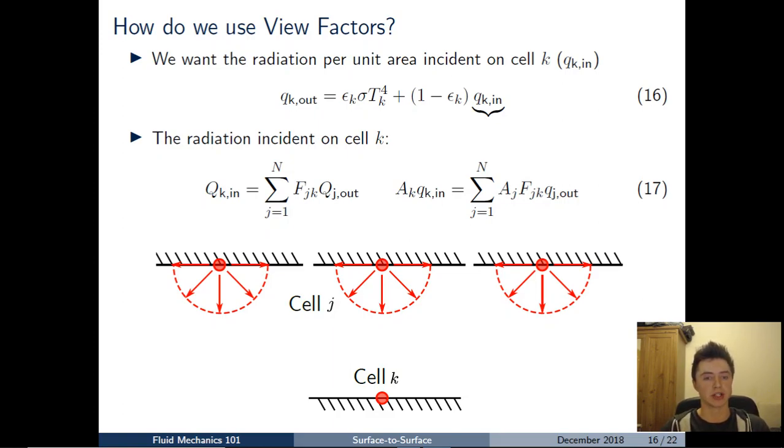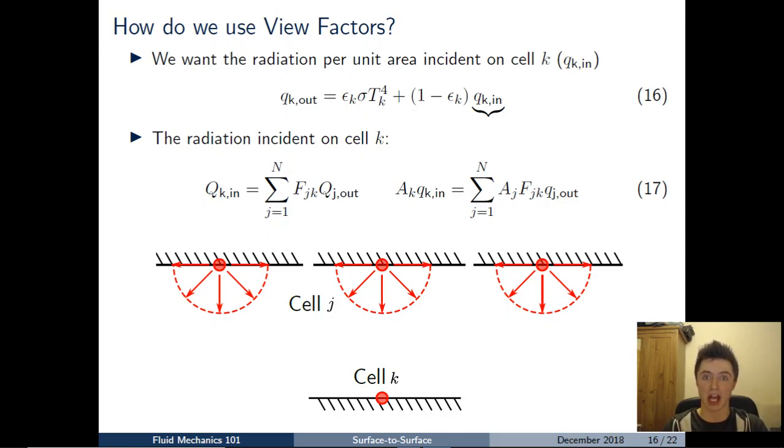Now if we look at equation 17, we can start off by saying the total radiative heat flux that's incident on the cell is given by the summation over now all of the other cells in the mesh.